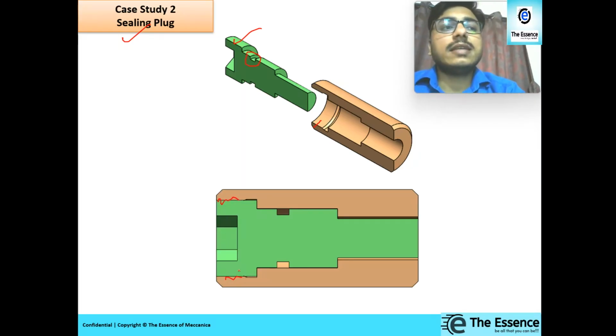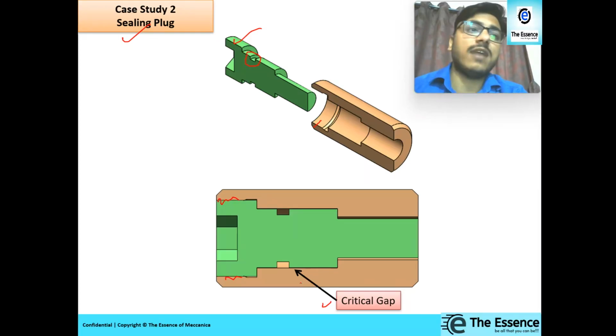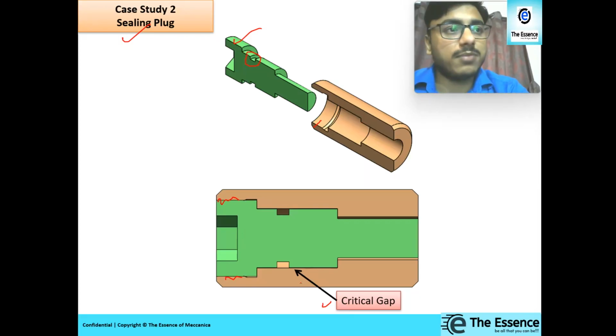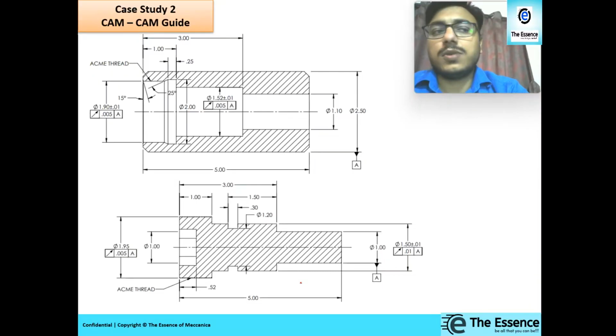Now let us see why we need tolerance stack up analysis in this case. See this, this is a critical gap for us, that is an extrusion gap, and we need to maintain it at a particular critical value. The extrusion gap should not be more and should not be too tight for the sealing requirements. So this is the dimensioning given on the drawing.